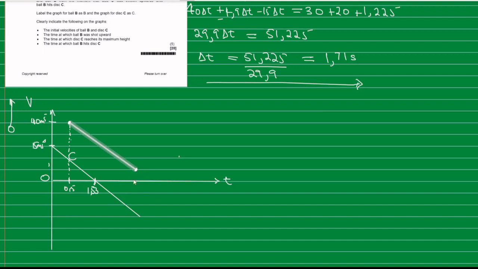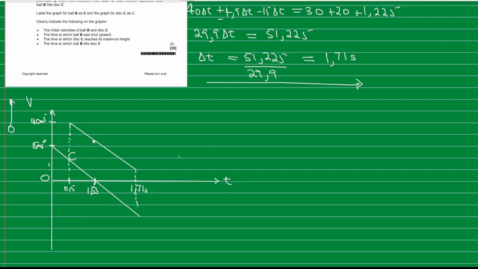At that point, they are all at the same time scale. At that point, that's where it has got 1.71 seconds. We believe that the ball had to hit disc C when it was still traveling upward, so it didn't reach a maximum.